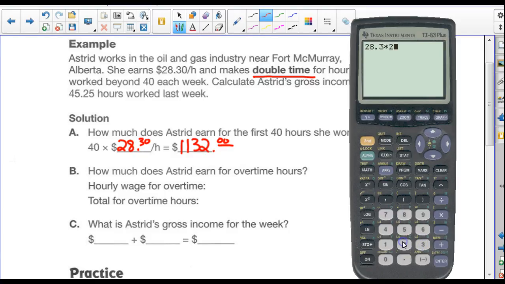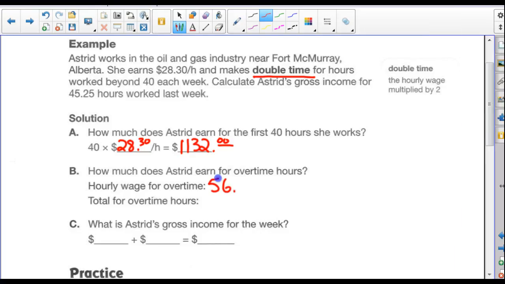We multiply that by 2, and that means she's going to be making $56.60 per hour overtime. Total for overtime hours, well, 40 hours is normal. She worked an extra 5.25 hours, that's what she works extra in the week.